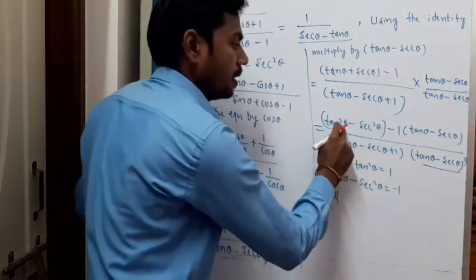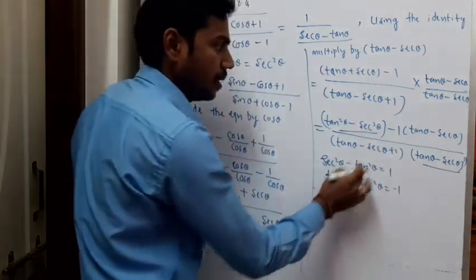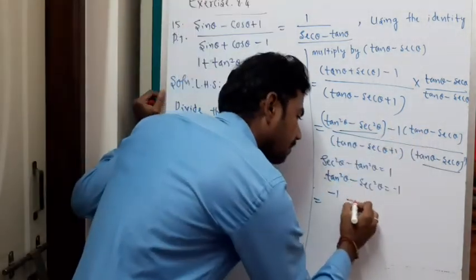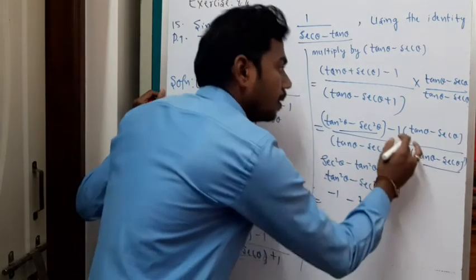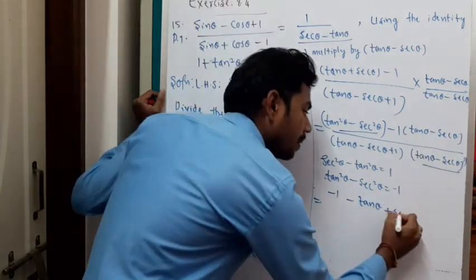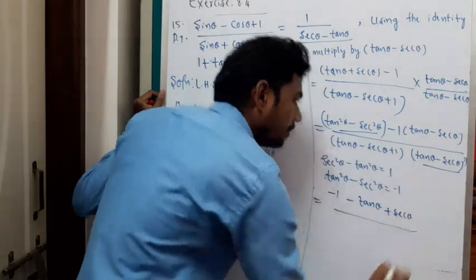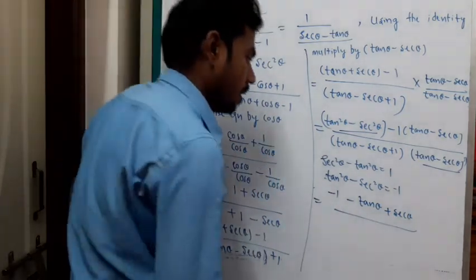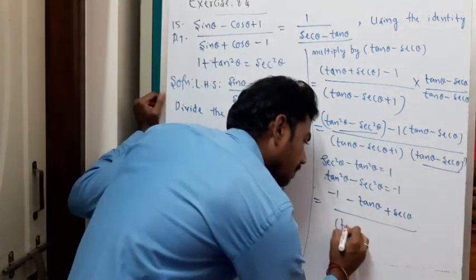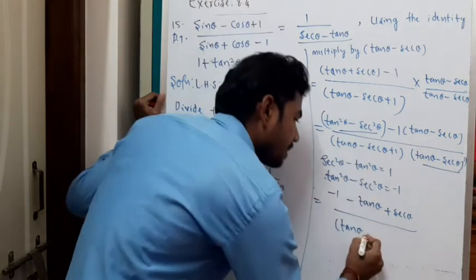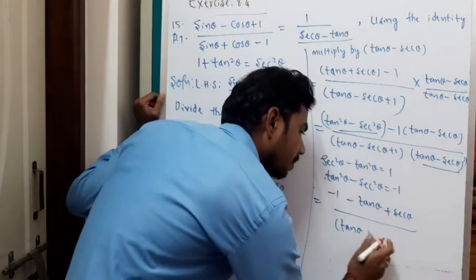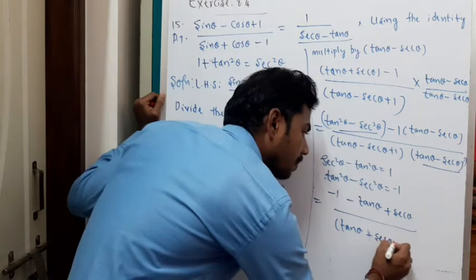So instead of this I can write minus 1 minus tan theta plus secant theta, divided by tan theta minus secant theta plus 1.